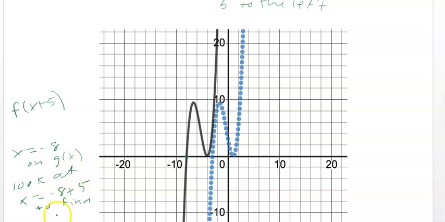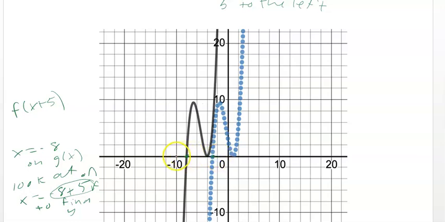And I look at that on f. So function f, I'm looking at f of -3. F of -3 would be at 0. So g of -8 is at 0.